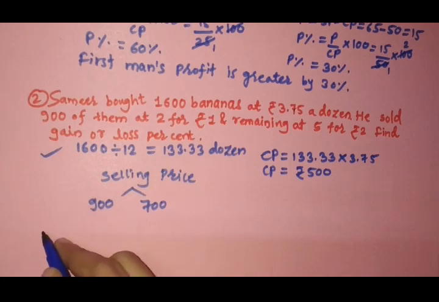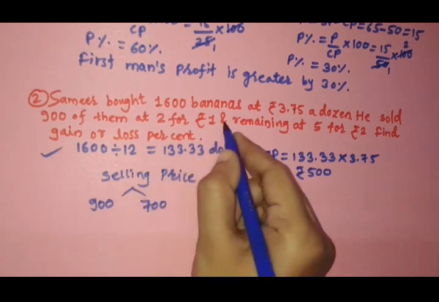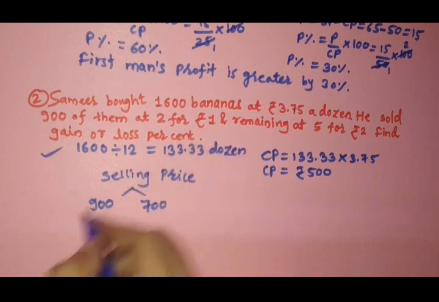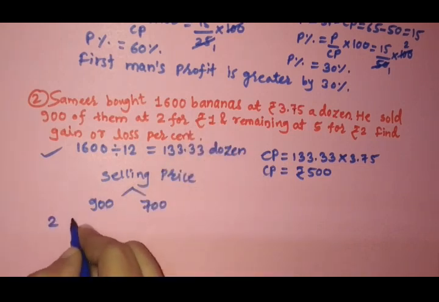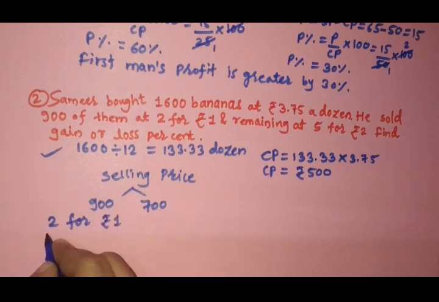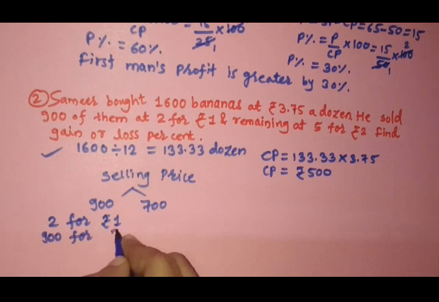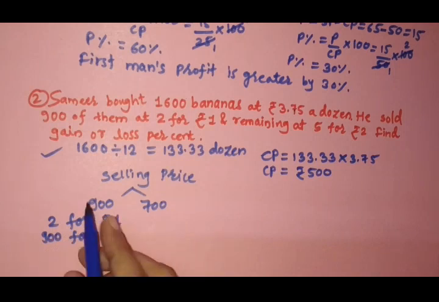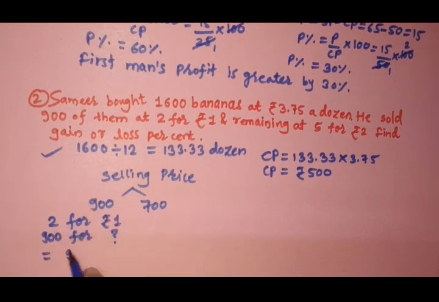So here for this 900, what he is doing is 2 for 1, 2 bananas for rupees 1, so 900 bananas for how much? So you get 900 divided by 2, which is rupees 450.